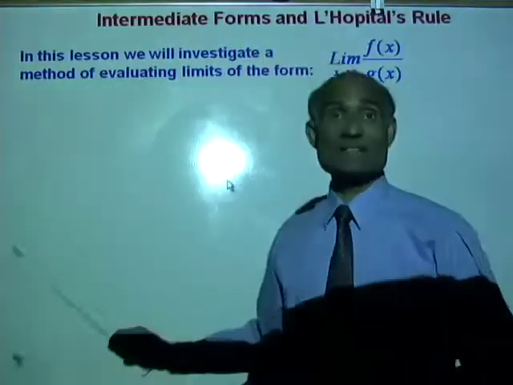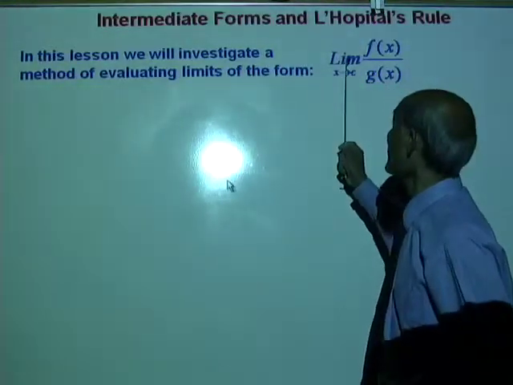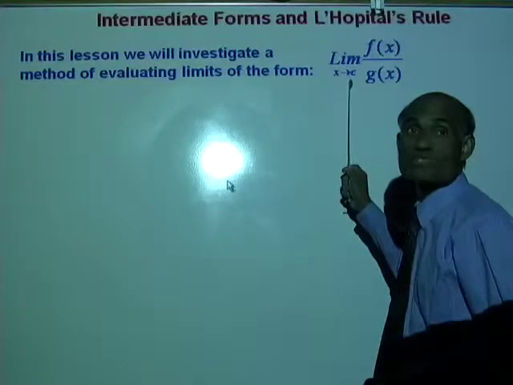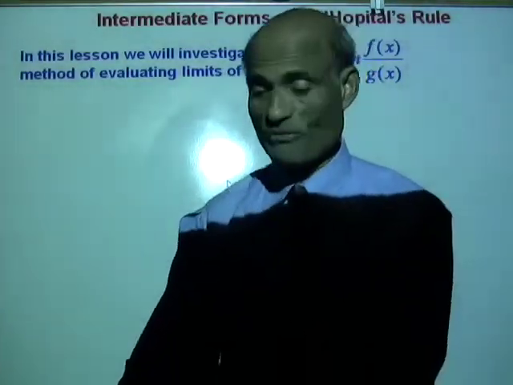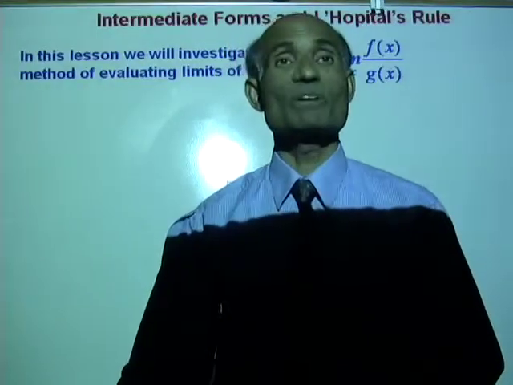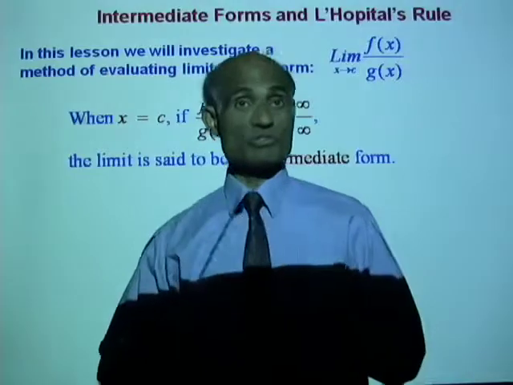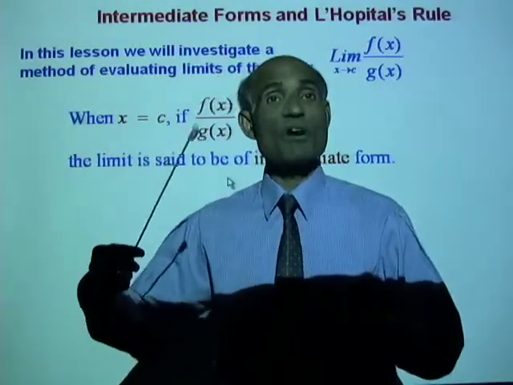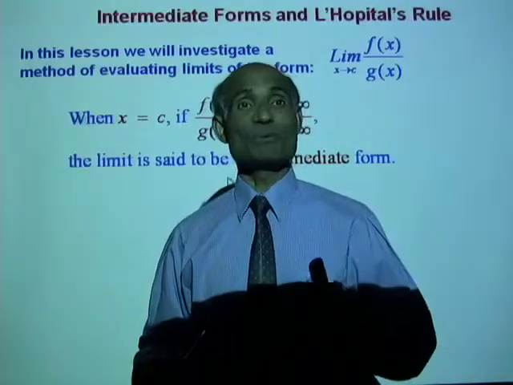So, in this lesson, we investigate limits of the form limit as x approaches c of f of x over g of x. This is the form that we will investigate. Now, as I just showed you, the limit as x approaches 0 of sine x over x is of the form 0 over 0.